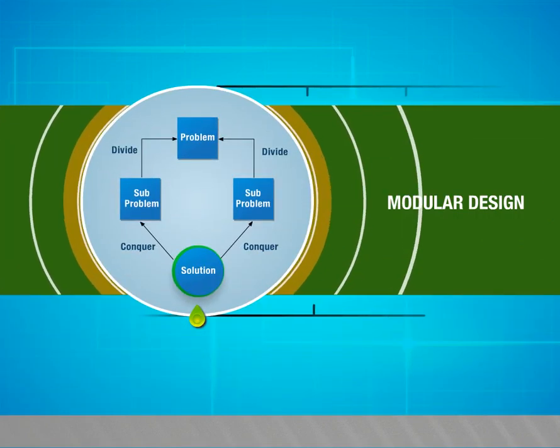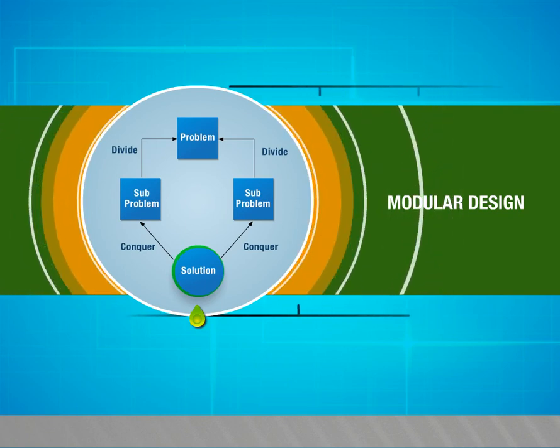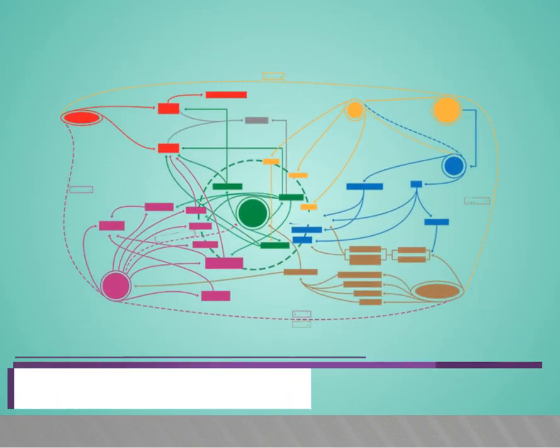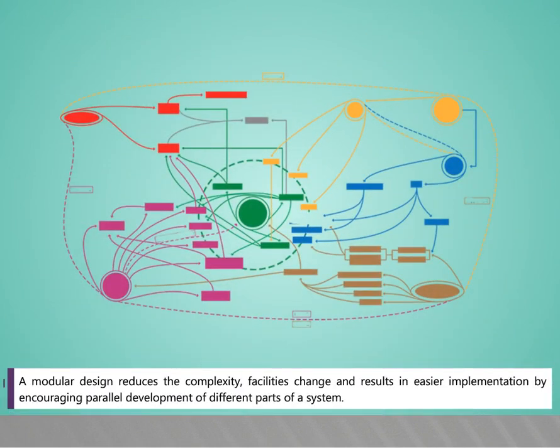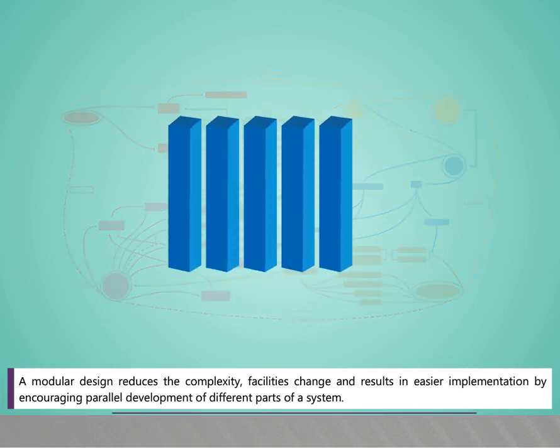Modular design. In this video, we are going to see about modular design. A modular design reduces the complexity, facilitates change, and results in easier implementation by encouraging parallel development of different parts of a system.